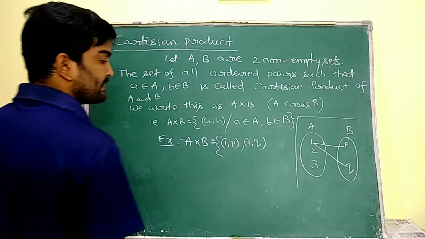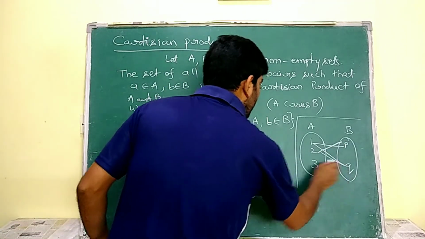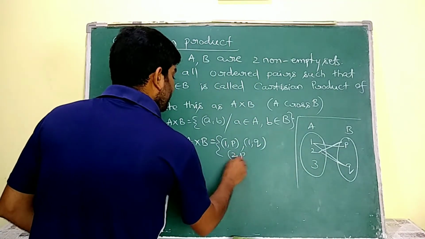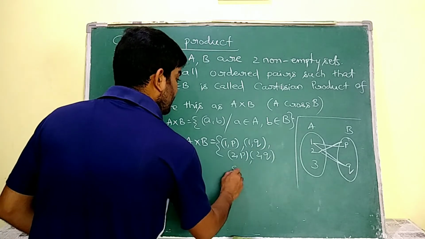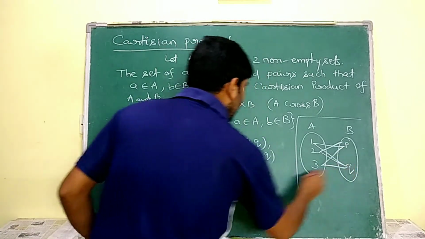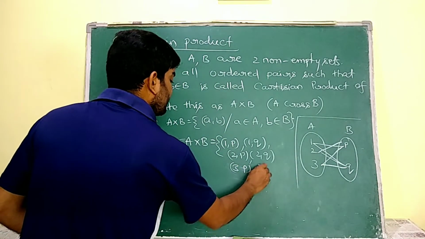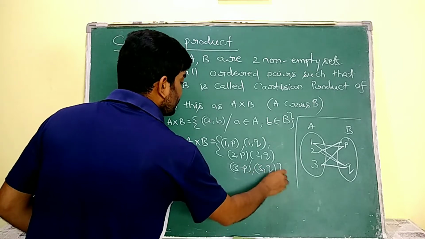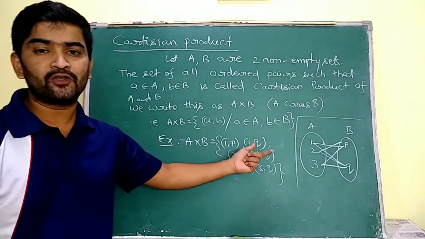With 1 I write these two. Again (2,p), (2,q), and (3,p), (3,q). So these are the only possible ordered pairs I can arrange from the given two sets A and B.